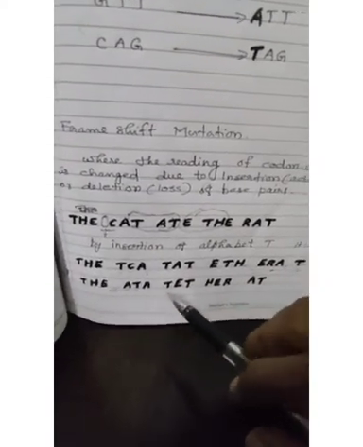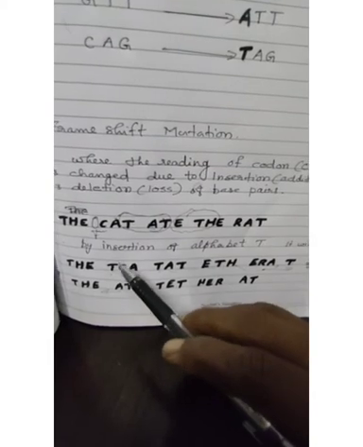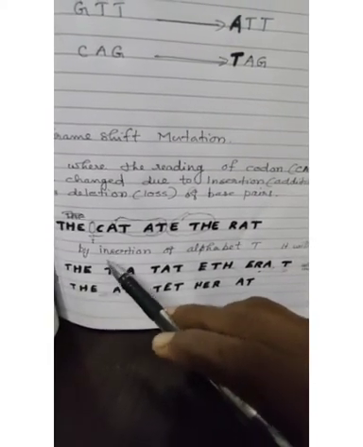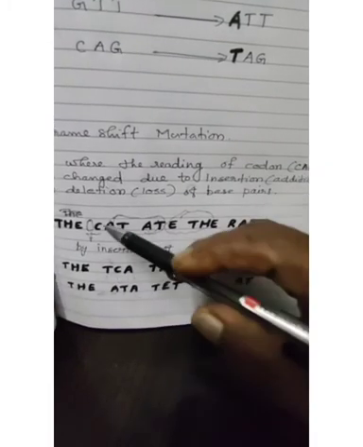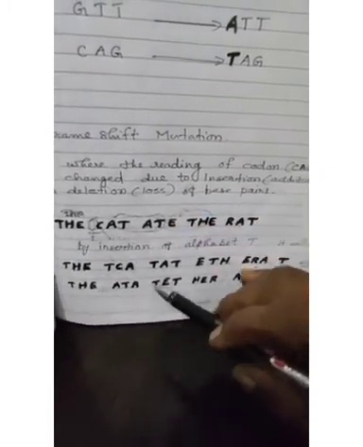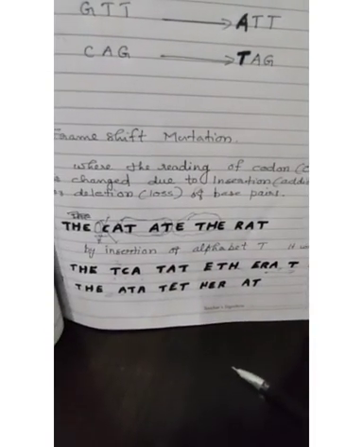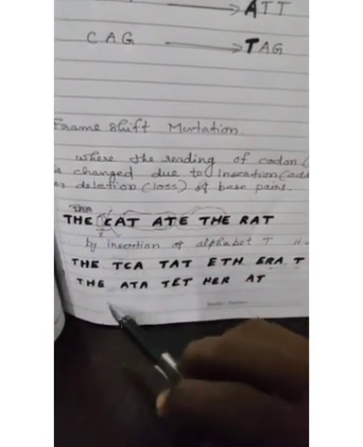Similarly, the deletion of one of the base pairs. Deletion means loss of one of the base pairs. Here again, C is deleted, lost. Then the pattern also changes here.